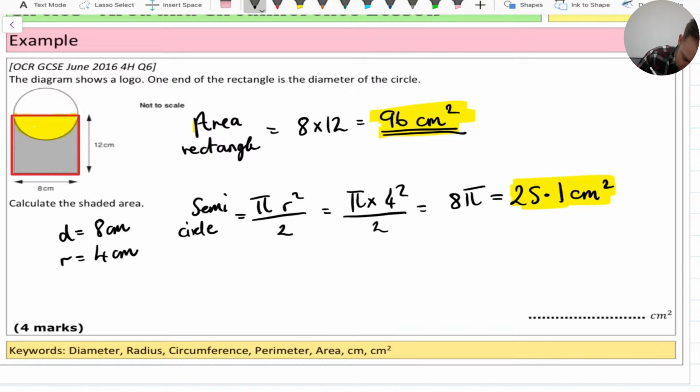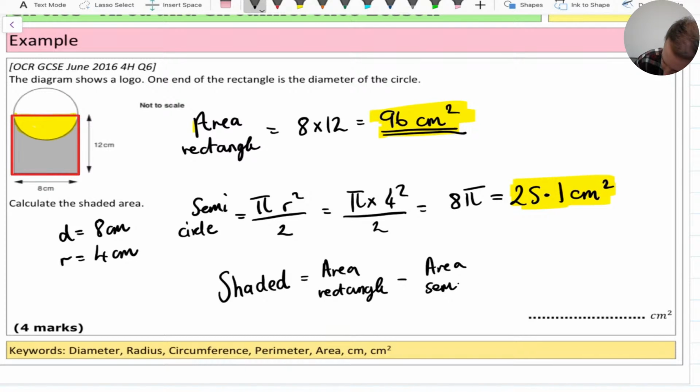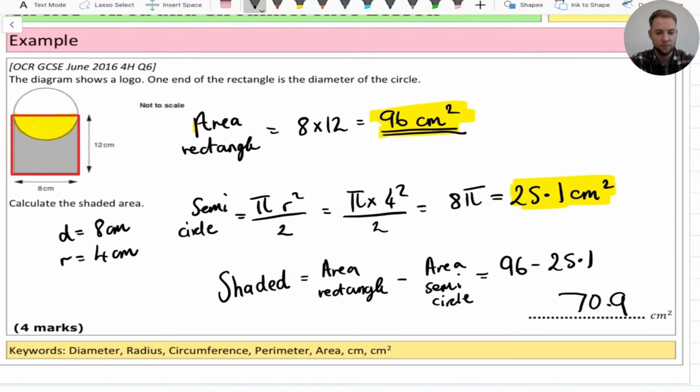So the shaded area is equal to the area of the rectangle minus the area of the semicircle, which is equal to 96 minus 25.1. 96 minus 25.1 is equal to 70.9 centimetres squared. Nice and straightforward.